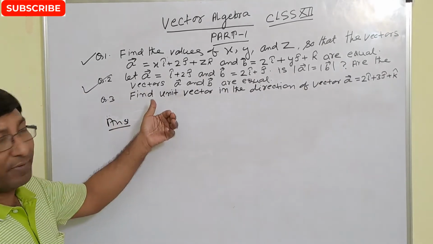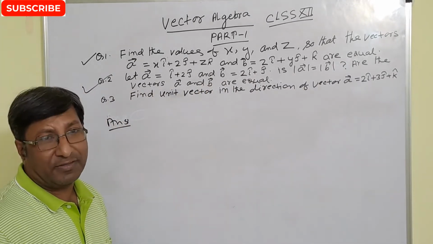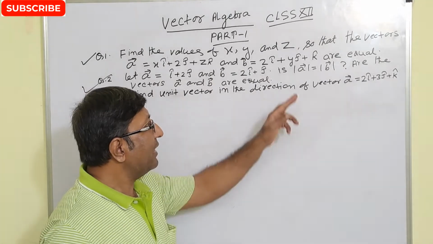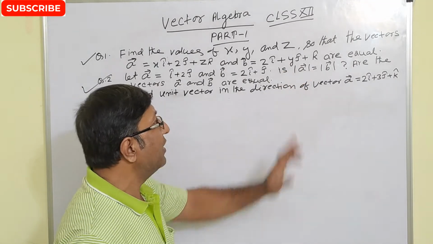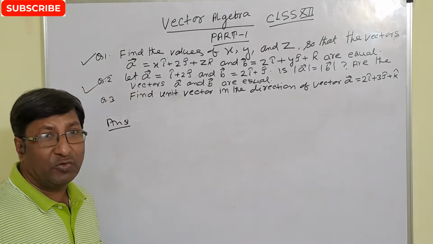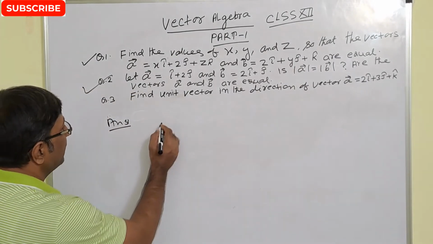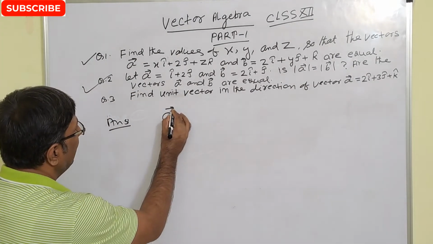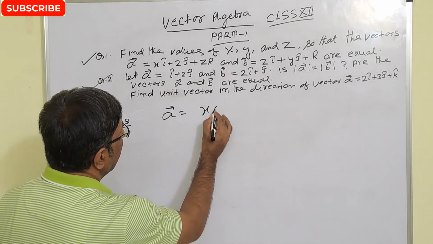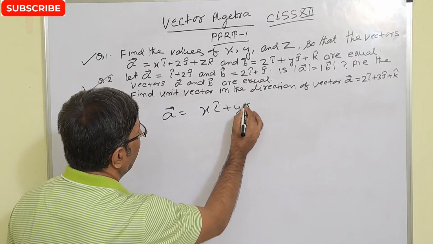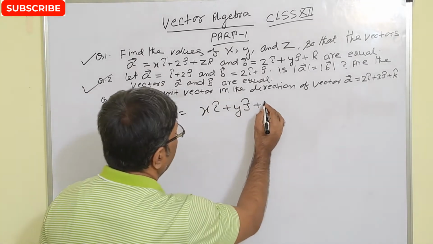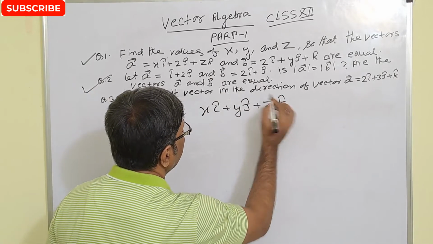Two vectors are given, A vector and B vector. The first part is what? Is magnitude of A vector equal to magnitude of B vector. So first you see what is the magnitude of any vector. Suppose any vector A equal to x unit vector I plus y unit vector j plus z unit vector k.